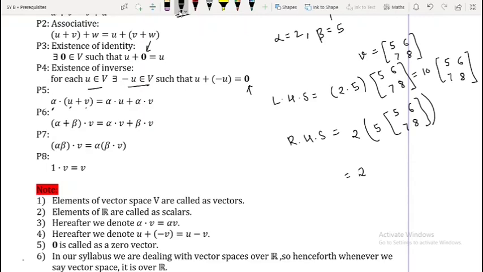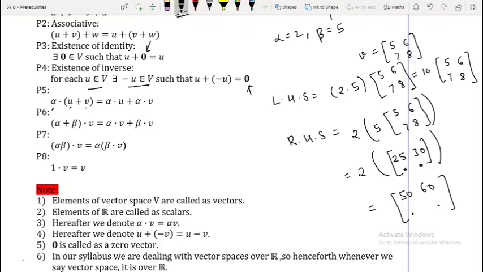So this will be 2, and inside the bracket you can put this 5 and multiply it to each element, you will get some matrix over here, and you repeat the same process, then you will find that LHS and RHS are the same. Over here 25 I think, 30, and you can find the rest of the elements. You can further do the calculations, 50, 60, you can check it. And RHS and LHS will be the same.